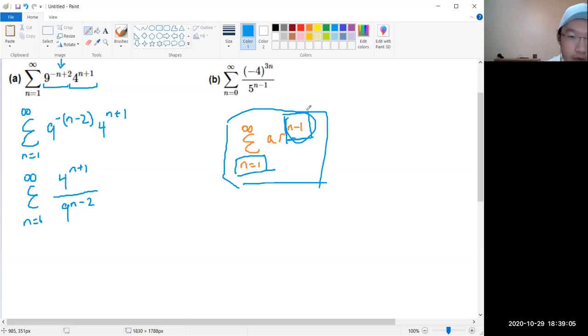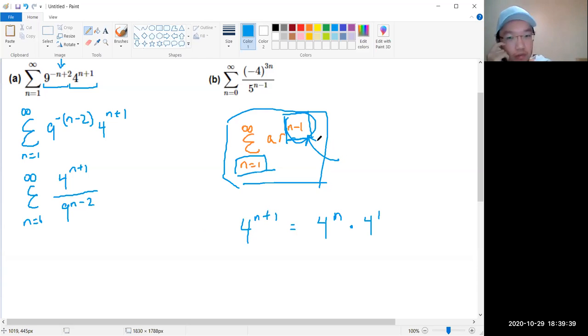So what you're saying is I can write it like this: 4 to the n plus 1 equals 4 to the n times 4 to the first power, like that? Okay. Well, yeah, you could do that, but that only gives us an exponent of n. But we want to get an exponent of n minus 1. So I think you can actually factor out something else to make it n minus 1.